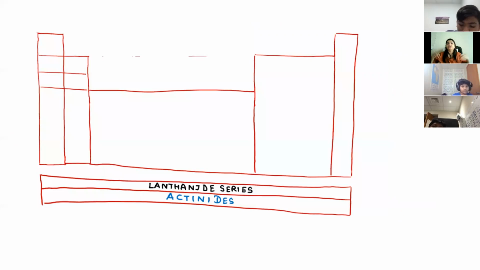Actinides are those elements which emit radiation, so they are radioactive elements. These elements are generally used in nuclear reactions and nuclear explosions.